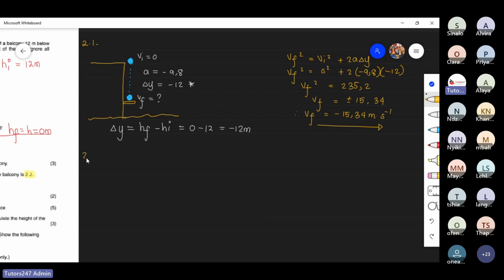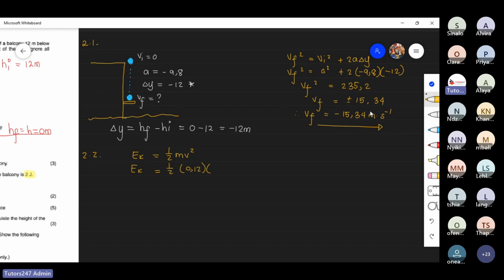So question 2.2, we need to calculate the kinetic energy of this object. We know that our formula for calculating kinetic energy is 1/2 mass times velocity squared. Now keep in mind we're using the velocity just before the ball hits the balcony. So we're going to substitute the mass, which was 120 grams, which we've already converted to 0.12.